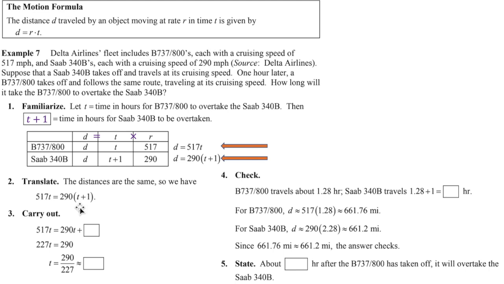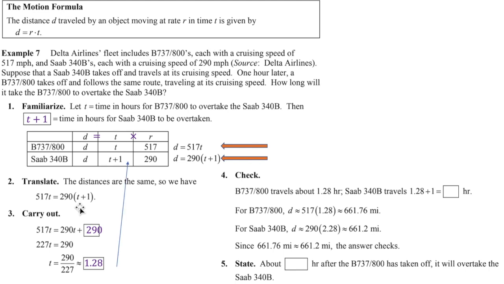Now that I have one equation with one variable, I can distribute my 290, providing us with 517t equals 290t plus 290. When I subtract 290t from both sides, we end up with 227t equals 290. Now when I divide by 227, I get approximately 1.28.